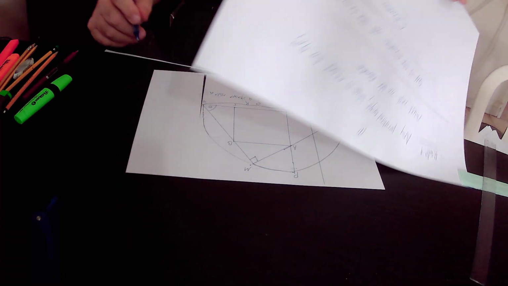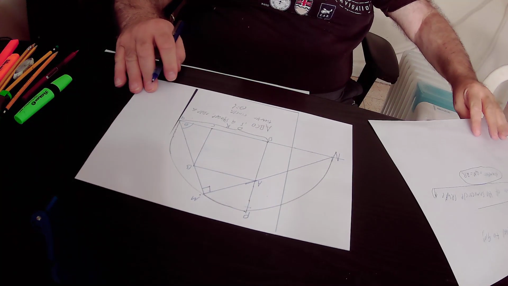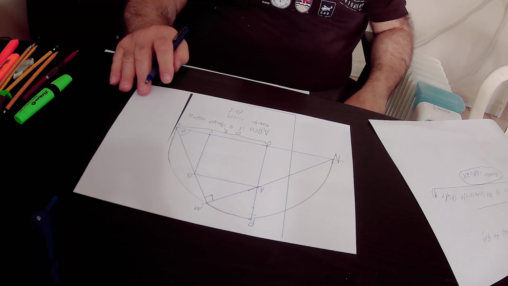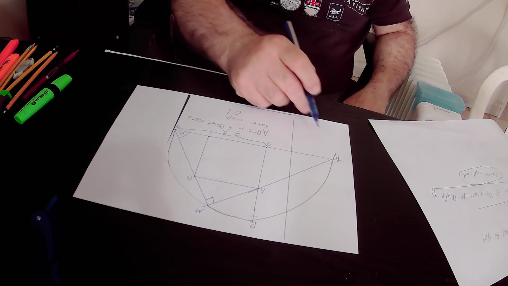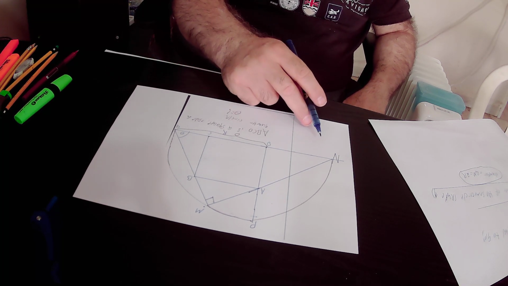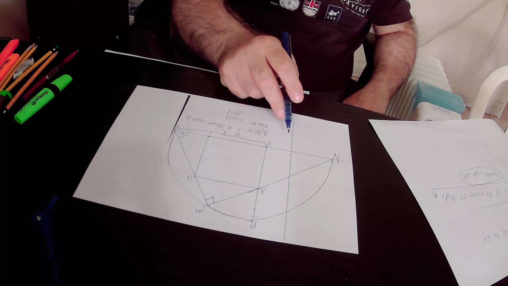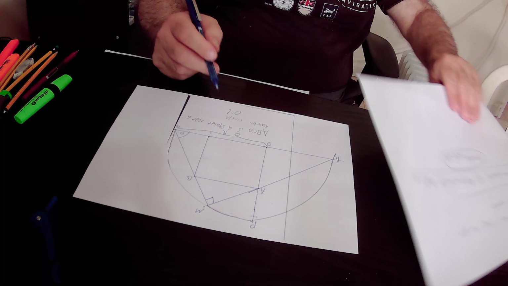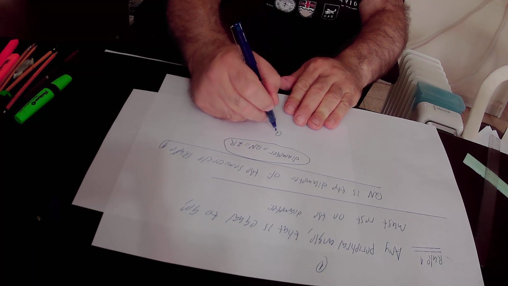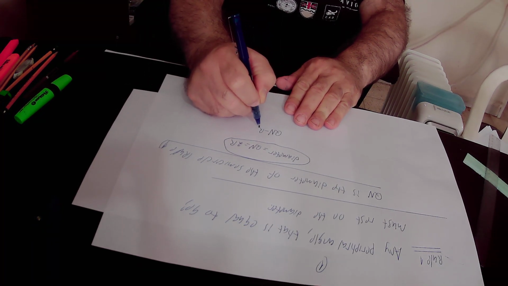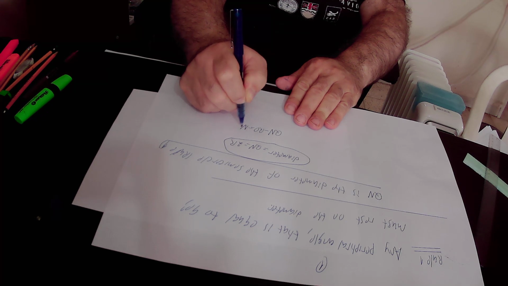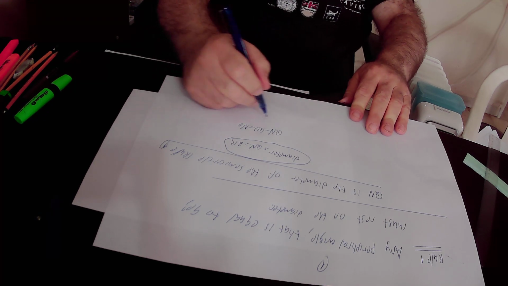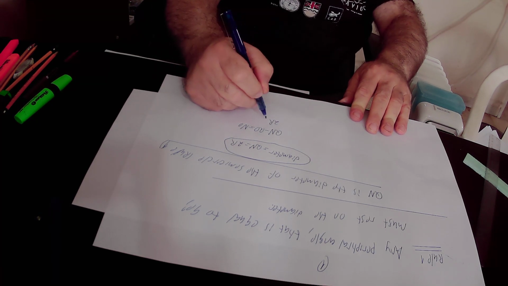And here you can see that NO is equal to QN minus QO. QN is equal to 2R.